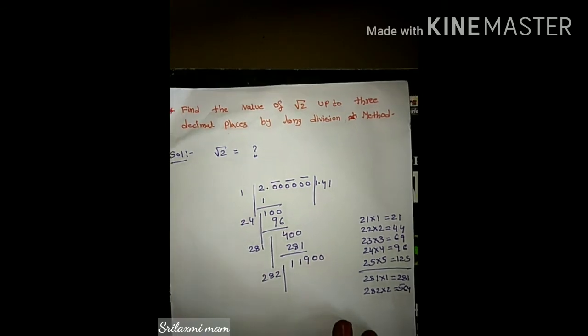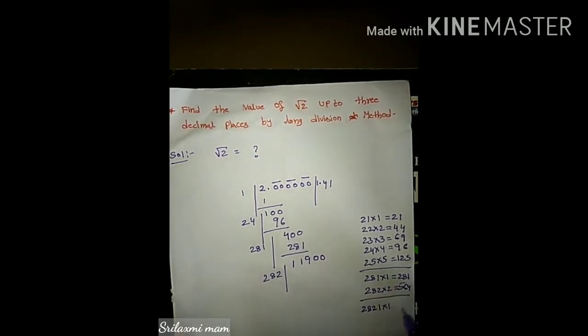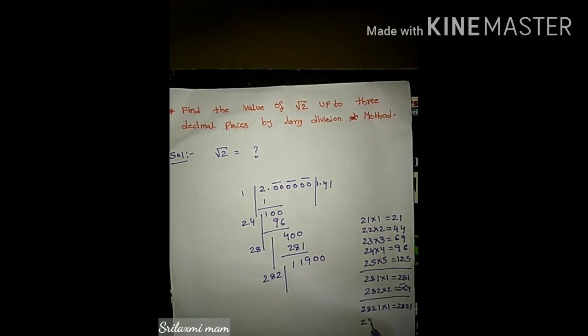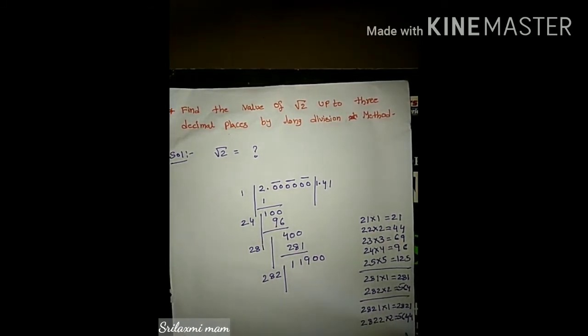So 282. We take the same 282, and 2821 into 1 equals 2821. 2822 into 2 means 5644.